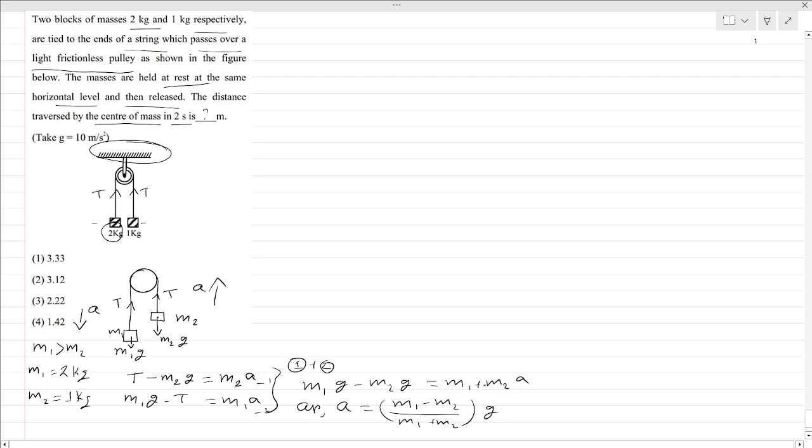But here the question is given for the center of mass. What do we mean by center of mass? Center of mass is a single point of a system where we can assume that the whole mass of the system is concentrated. In a simple way, if an irregular system is moving along a particular direction, we can assume one point as the center of mass.